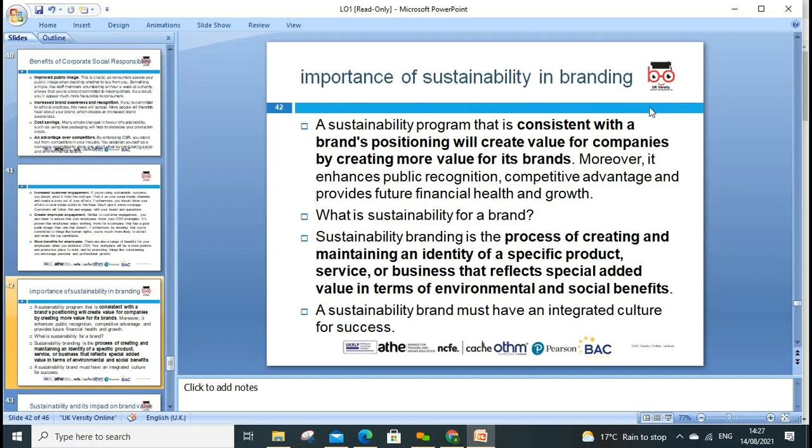Next, the importance of sustainability. The word sustainability means meeting the needs of the current generation without compromising the needs of future generations. When we look at sustainability, we need to focus on 3 P's. First, profit. You can't sustain if your brand is not profitable. Second, planet.